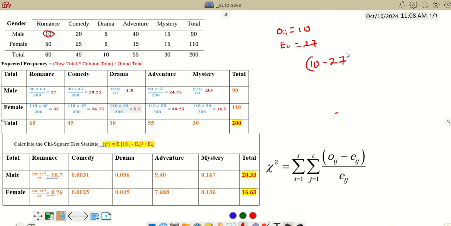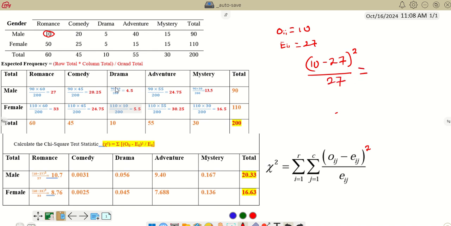Then we square it, divided by the expected, which is 27.